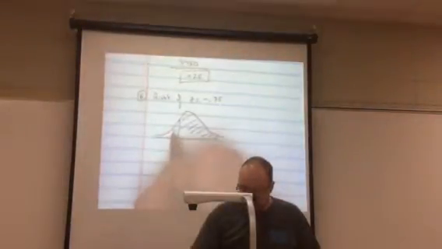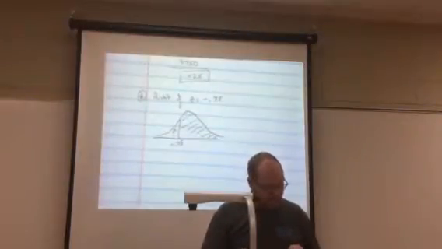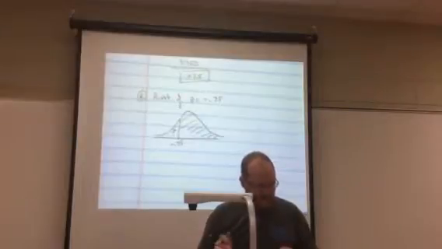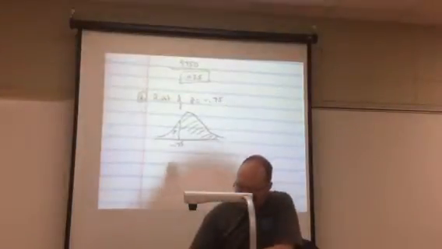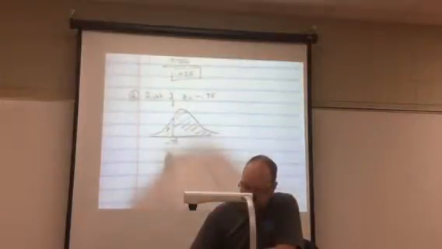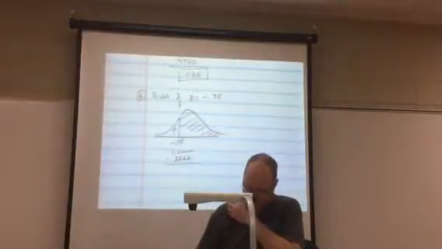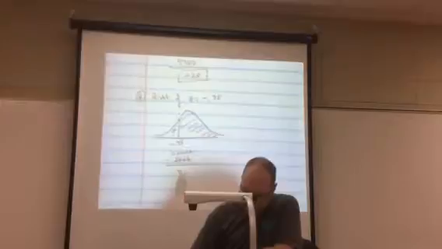So I can look up the area to the left, which is what I've been doing, negative 0.75. That area is 0.2266. And I'm going to take that away from 1. 1 minus 0.2266. And that area in question is 0.7734.